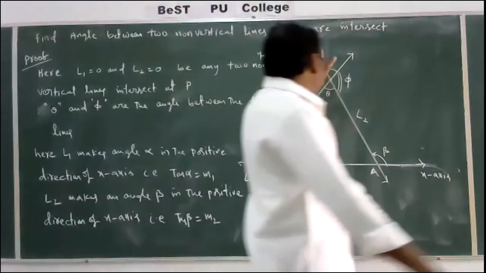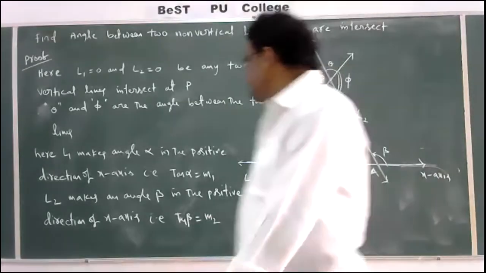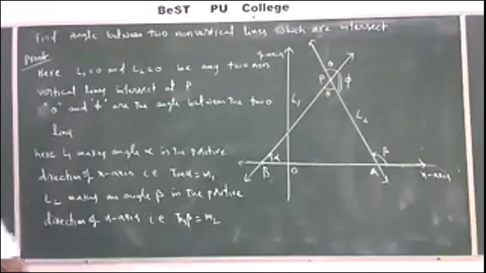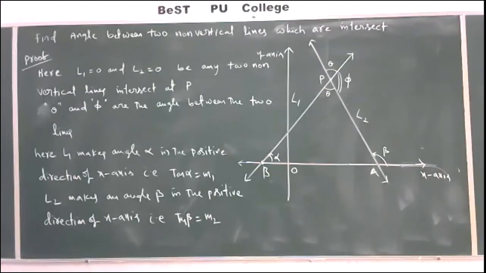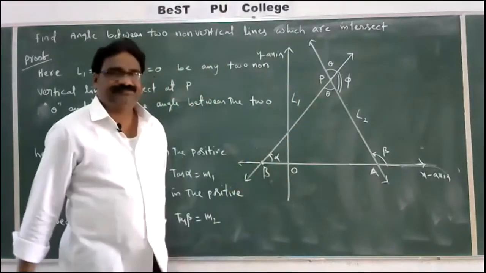L2 making an angle beta in the positive direction of the x-axis, so the slope of L2 is M2, which is equal to tan beta.